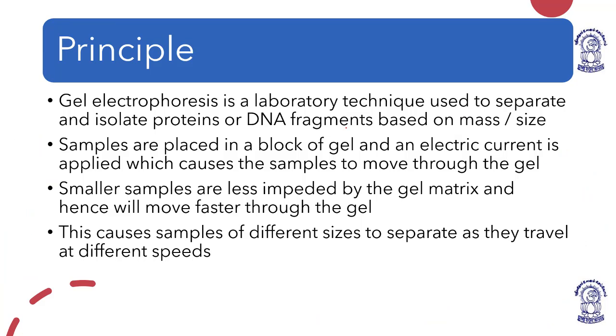Gel electrophoresis is the laboratory technique used to separate and isolate proteins or DNA fragments based on mass or size. Samples are placed in a block of gel and an electric field is applied, which causes samples to move through the gel. So the moving of colloidal particles to their oppositely charged plate is known as what?